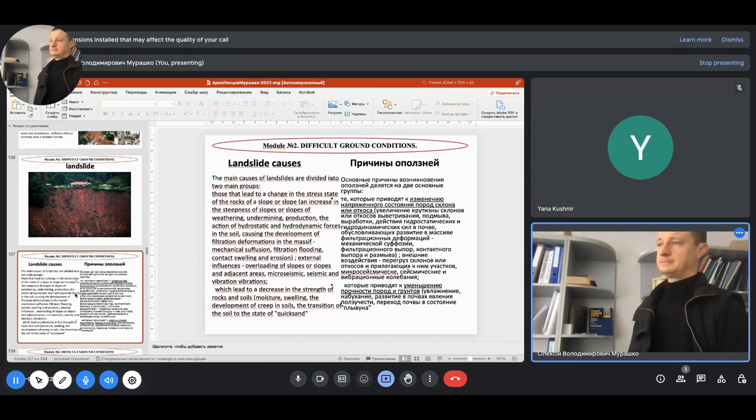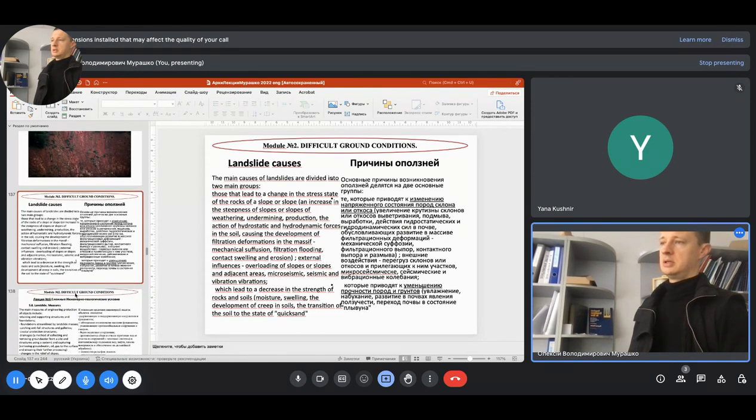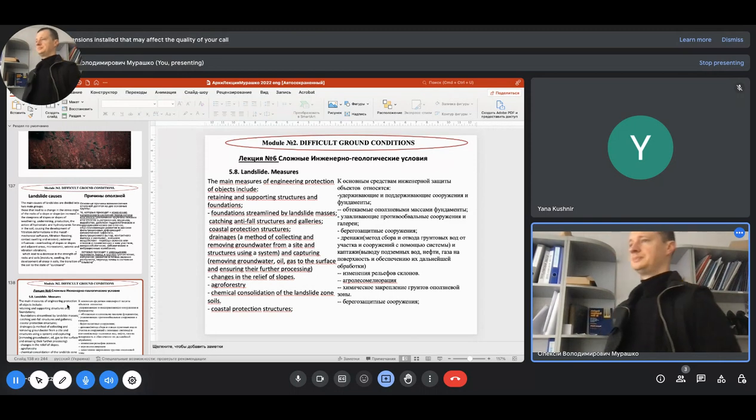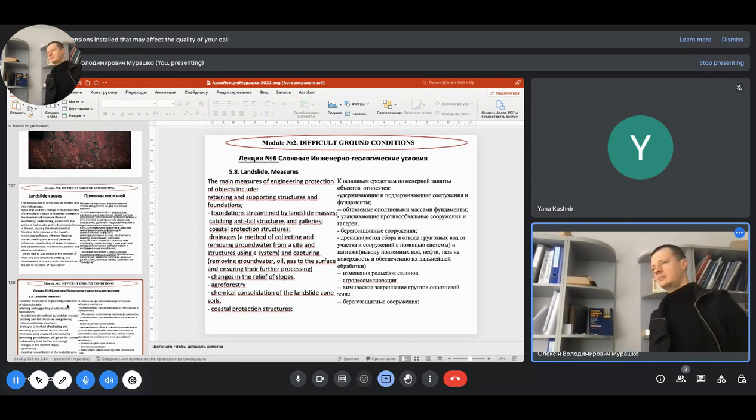Next, what I wanted to tell you about landslides is measures. In most cases, landslide protective measures are connected with structural solutions. First of all, retaining and supporting structures and foundations.